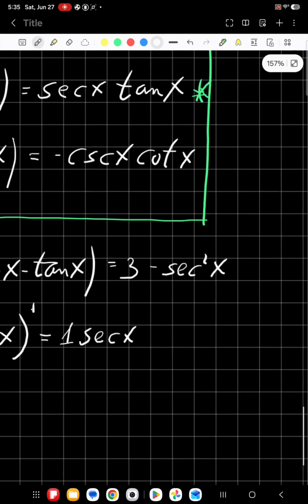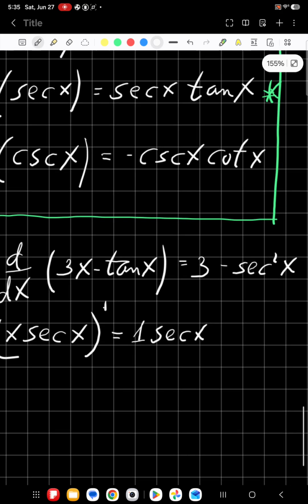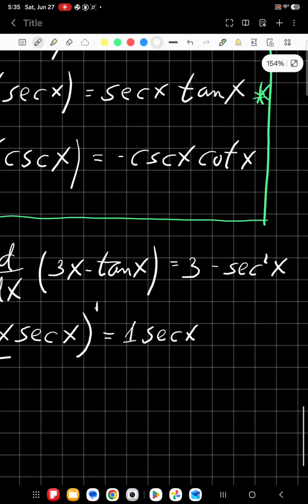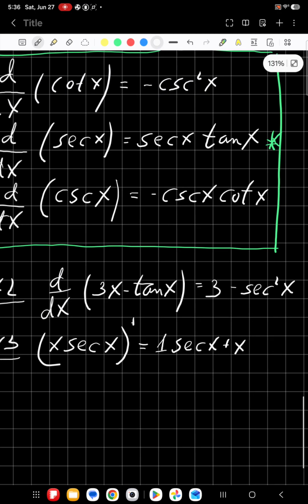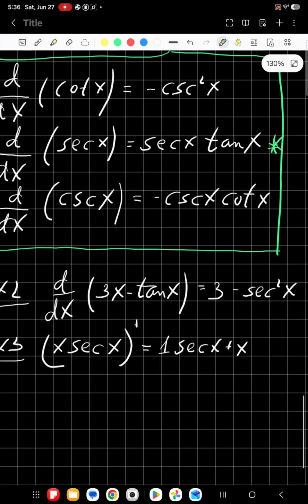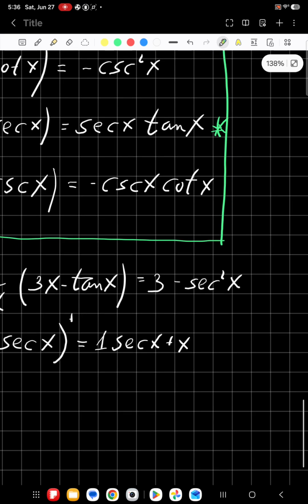And then we have plus x times the derivative of secant x. The derivative of secant x is up here. It's this one, secant x times tangent x.